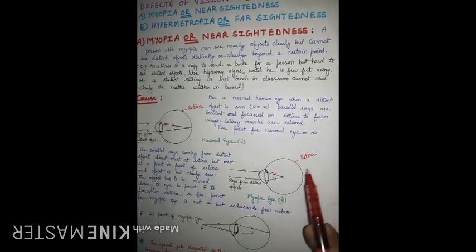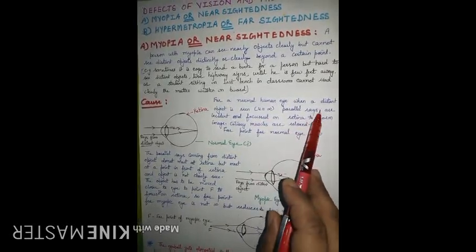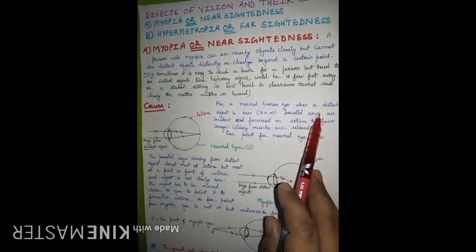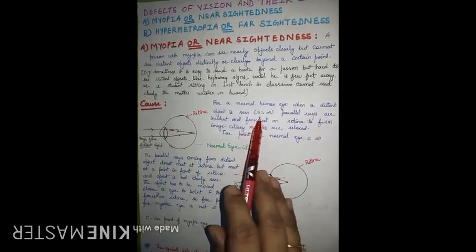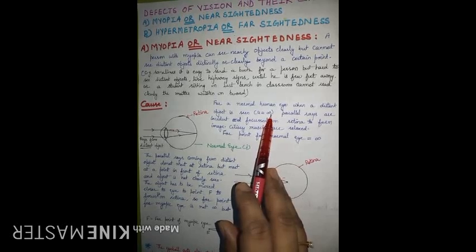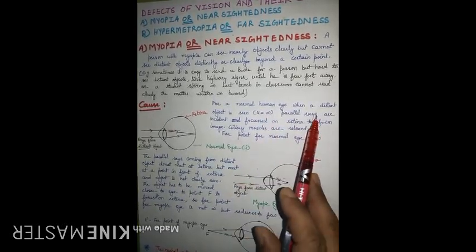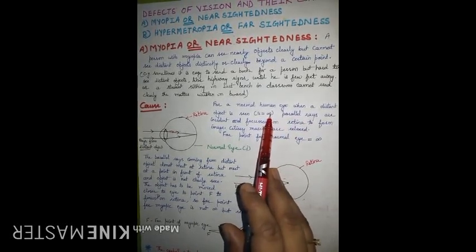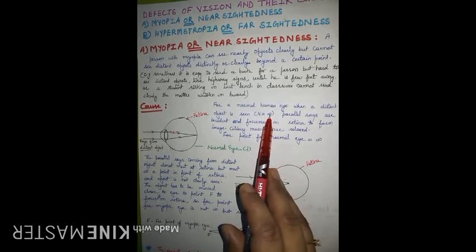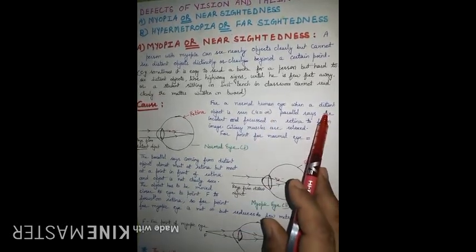Let us revise what we have done till now. For a normal human eye, if I consider a distant object, let me consider object distance to be infinity. It is not always necessary that your object will always be at infinite distance. More than 6 meters or a few meters will also be a distant object.